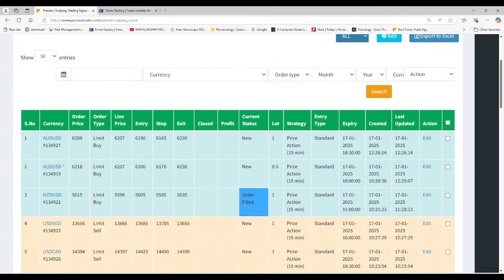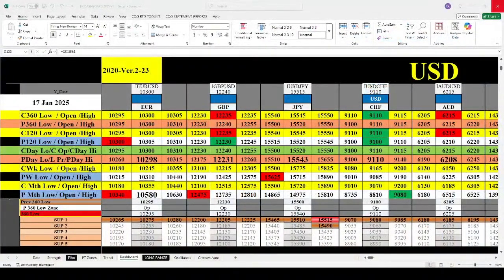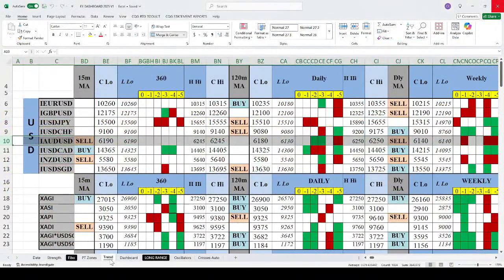Okay, the next currency we are going to go is dollar CAD. Trend map flat with an upside view, daily flat with the upside view, weekly flat with an upside view. So we've got to go for a cautious buy or buy and hold.